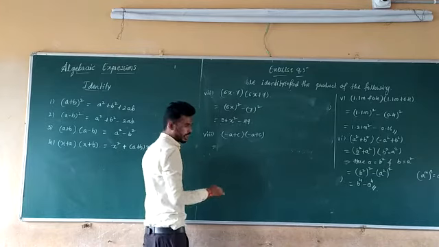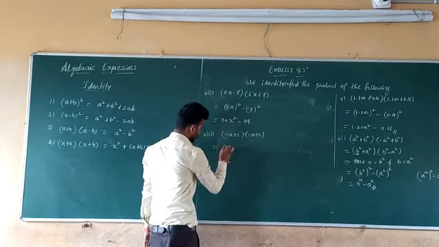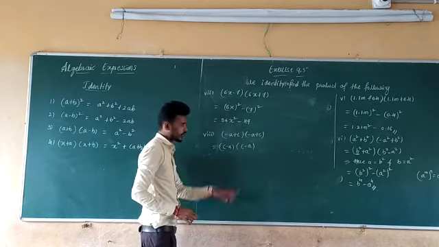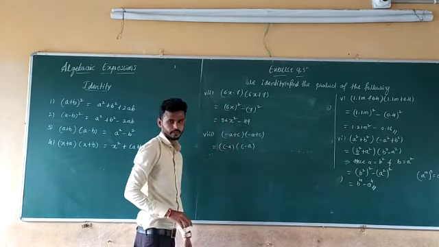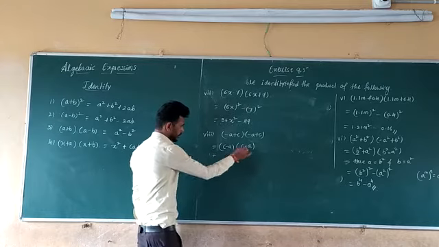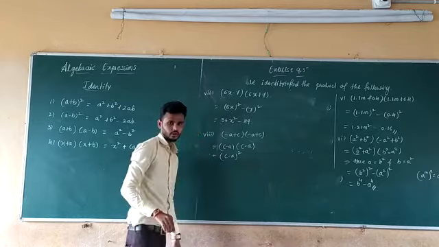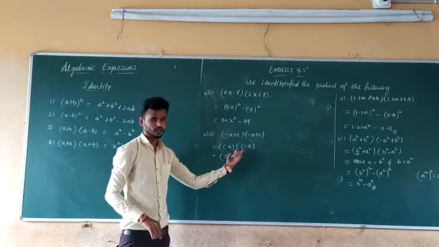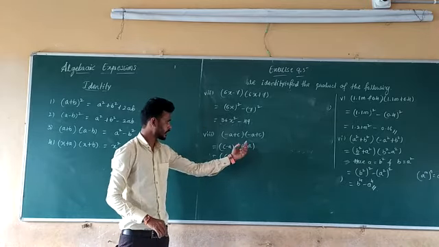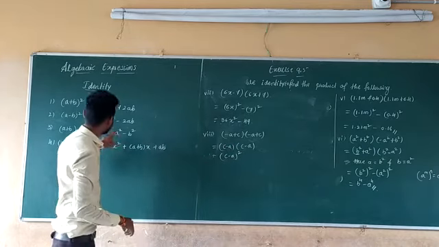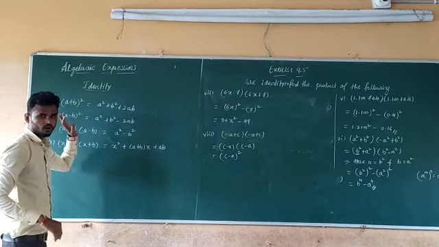Rearrange that as c minus a into c minus a. First write c, then write minus a. So now c minus a into c minus a. The two expressions are the same, so c minus a bracket square. Now it is of the second identity, a minus b whole square.